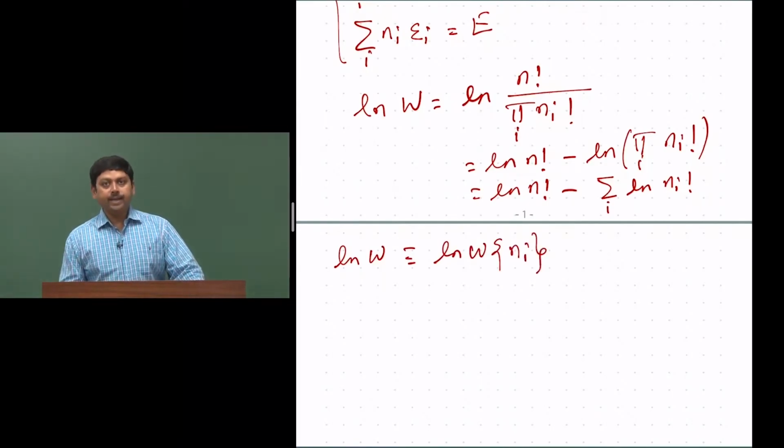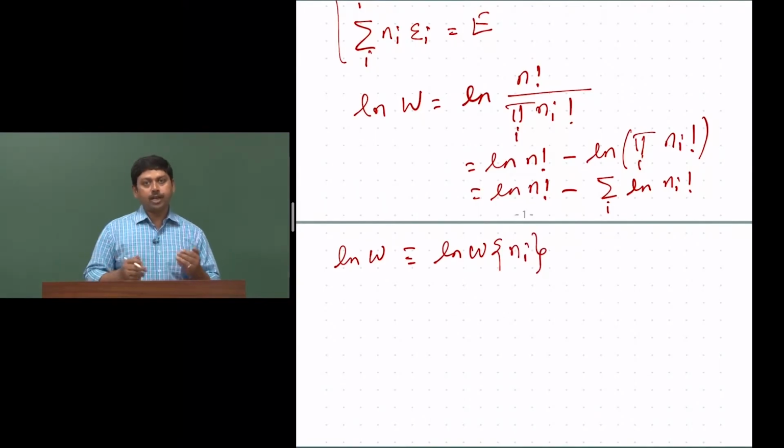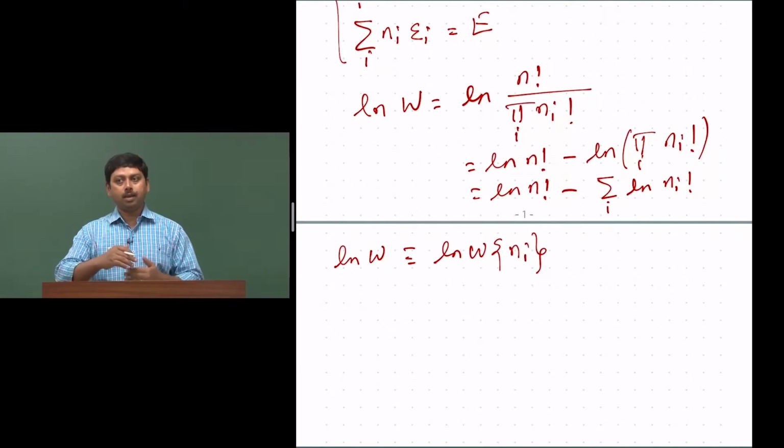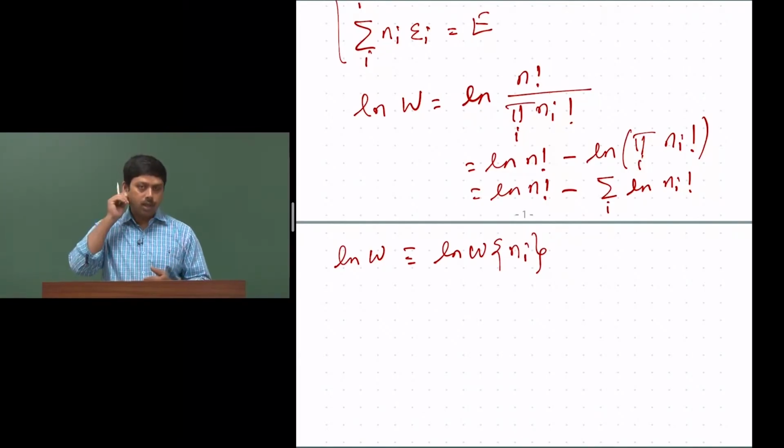So, now all variations of ni only will give us the maximum W. For example, we have seen that for two level systems, if n1 is 1 and n2 is n minus 1, it gives us one distribution. If n1 is 2 and n2 is n minus 2, it gives another distribution, and the most probable distribution is only when n1 becomes n by 2.